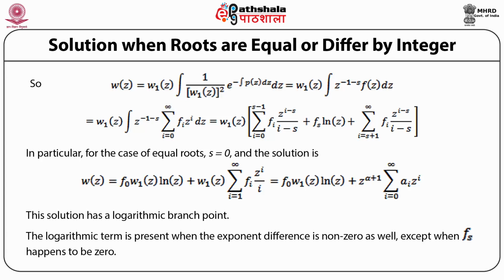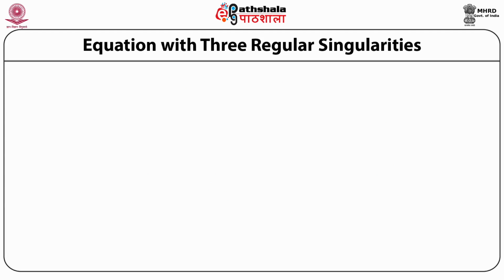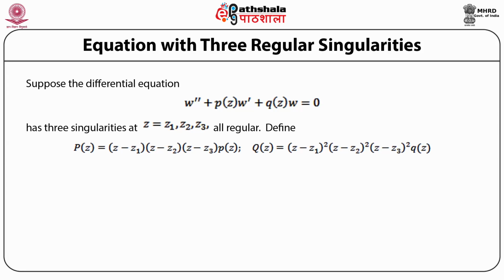Now we consider an equation with three regular singularities. Suppose the differential equation given by w double prime plus p of z w prime plus q of z w is equal to 0 has only three singularities at z is equal to z1, z2 and z3. All are regular ones.